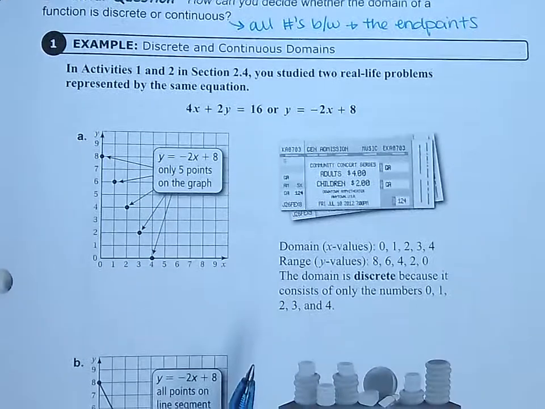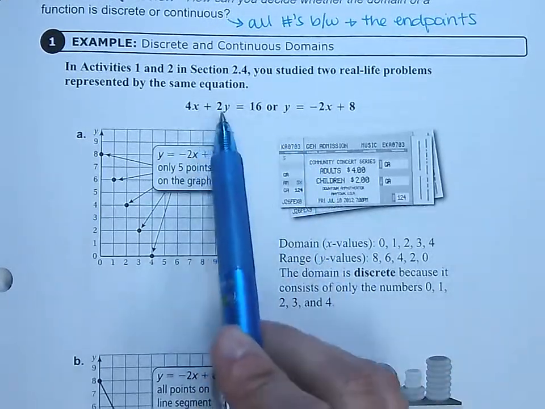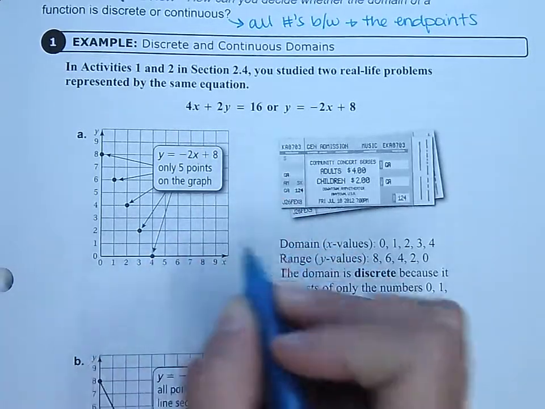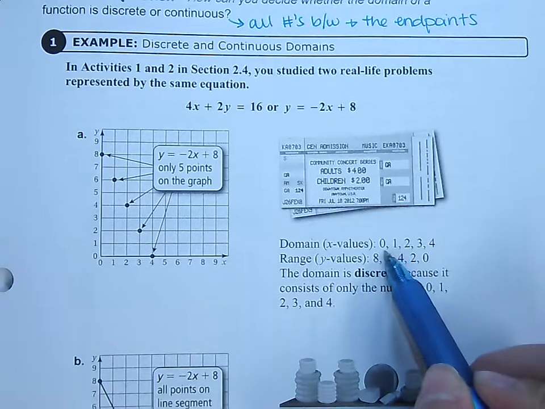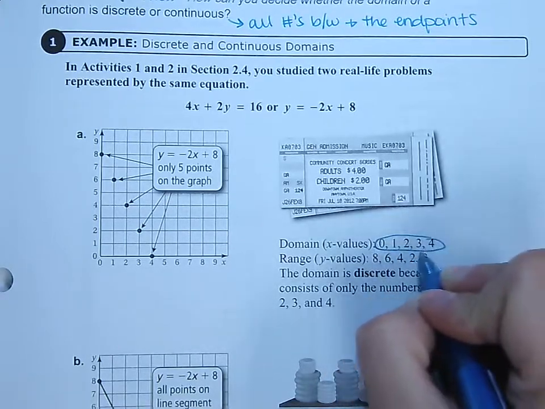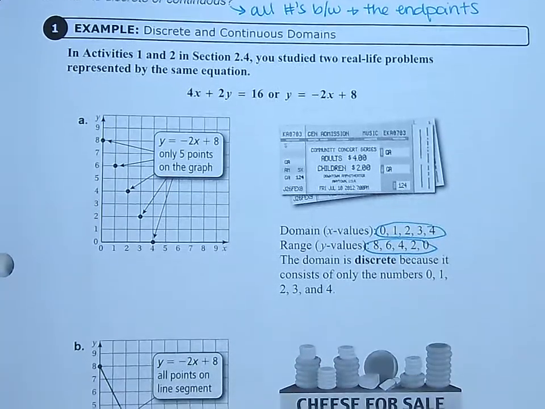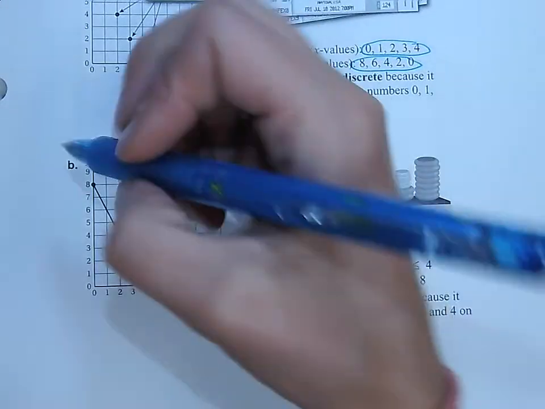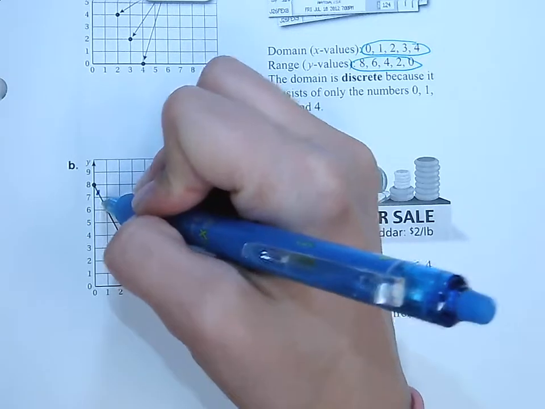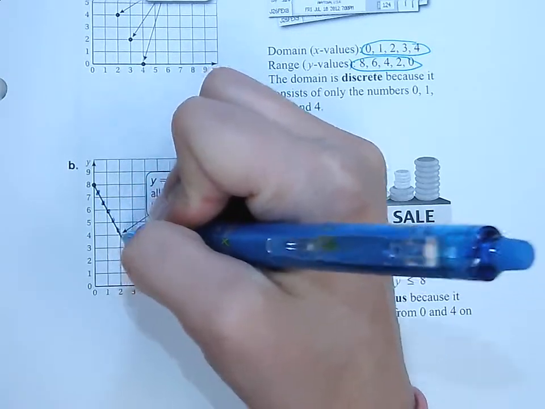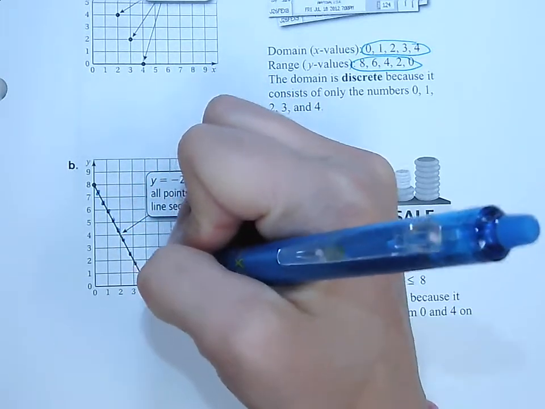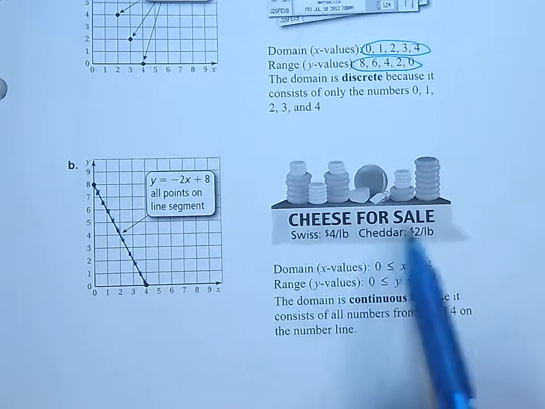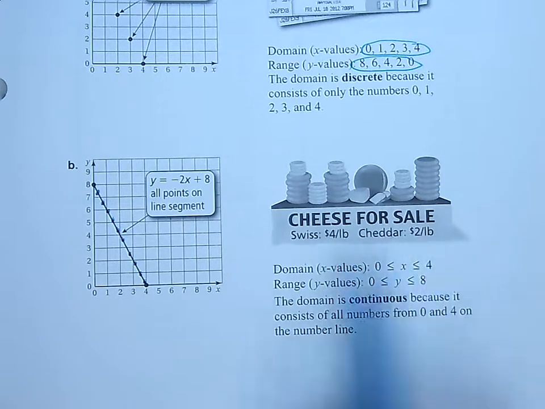So we talked about how you can sell children's tickets and adult tickets, and our domain is just a list of numbers. Same for the range. Whereas here, it's a solid line, so I could pick any point on this line and it would work, because we can sell parts of a pound of cheese, either Swiss or cheddar, doesn't matter.